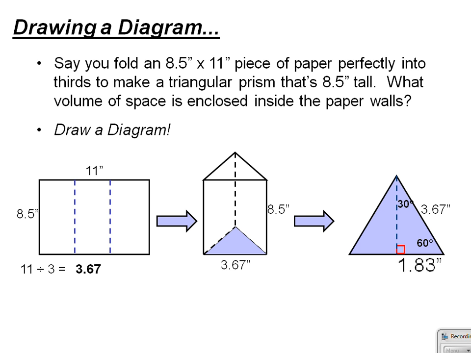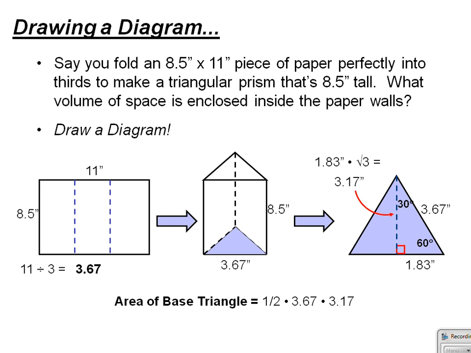If we were to draw an altitude through the triangle and divide it perfectly in half, we know that the triangle is an equilateral triangle. So any angle is 60 degrees. But since that top angle is divided in half to 30 degrees, we have a 30, 60, 90 triangle. Making use of our 30, 60, 90 triangle ratios, the length of 1/2 of that base is 1.83 inches. And then to get the length of the altitude, we multiply the length of the shorter leg by the square root of 3, getting us approximately 3.17 inches.